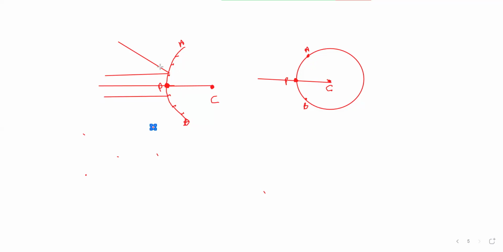But the diverged rays always appear to be diverging from a point behind the mirror. So the reflection of this must always be traced to a point which is behind the mirror. This point where reflected rays appear to be reflected from is known as the principal focus.